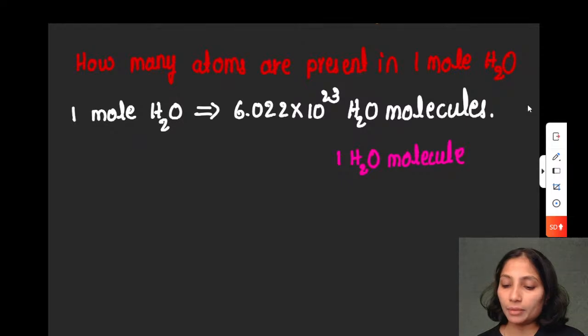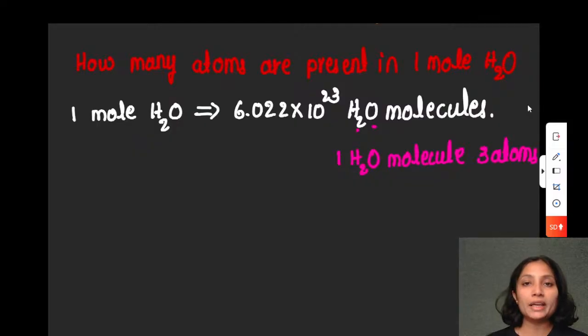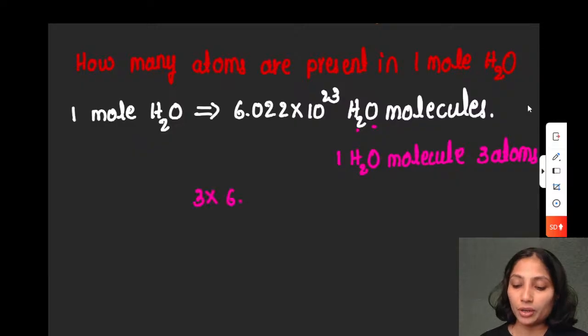See, check these atoms: 2 hydrogen and 1 oxygen, right? So 3 atoms. In one molecule, how many atoms are there? 3 atoms are there. Therefore, in 6.022 × 10^23 molecules, we have 3 times 6.022 × 10^23 atoms.